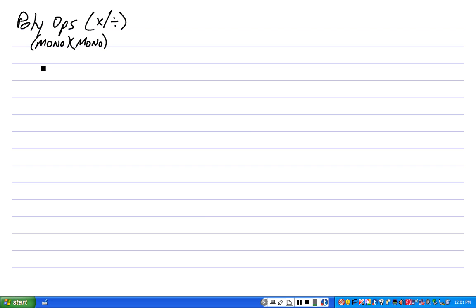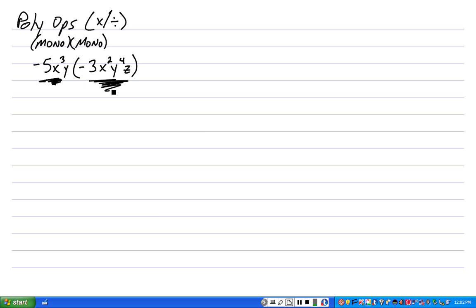We have negative 5 x to the third y times, let's say, a negative 3 x squared y to the fourth z. So monomial times a monomial. Monomial meaning one term, that's one term, and that's one term. So we have a monomial times a monomial.